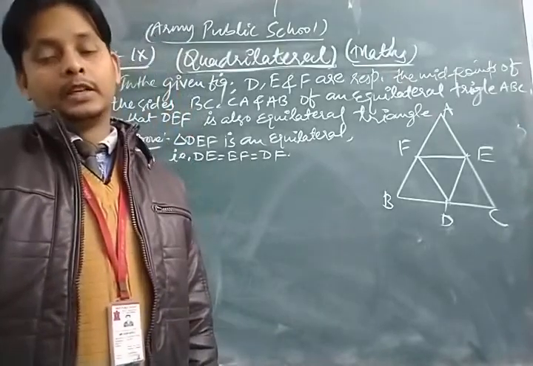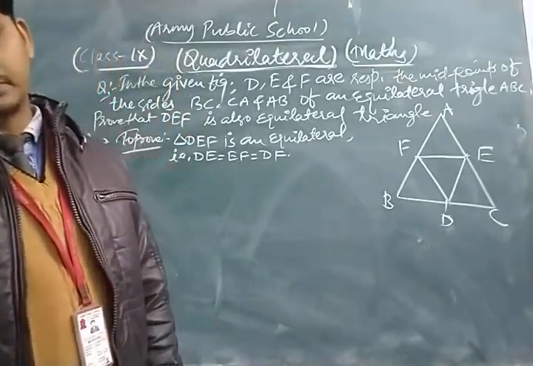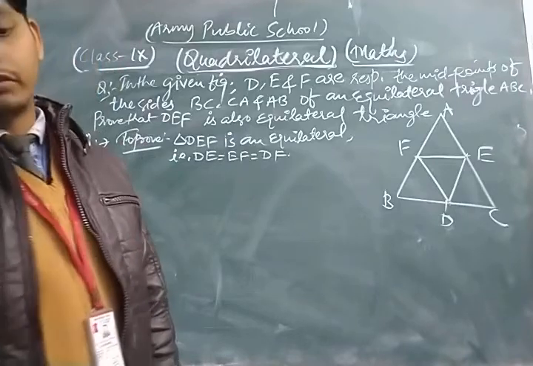Now look, you know that the segment joining the midpoints of two sides of a triangle is half of the third side.